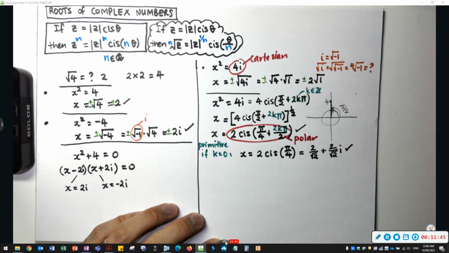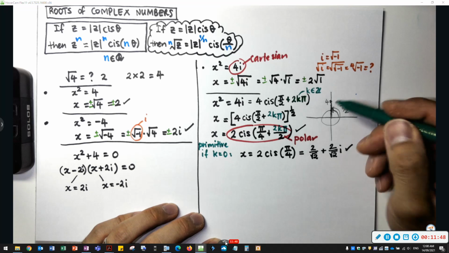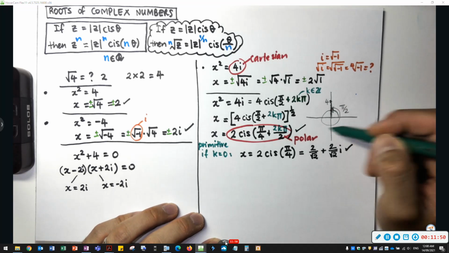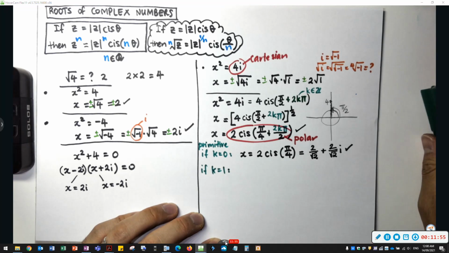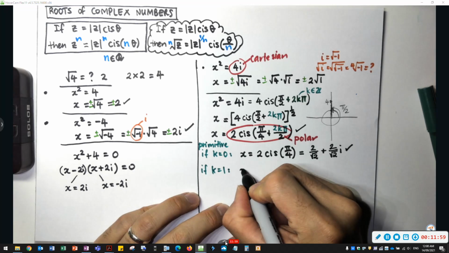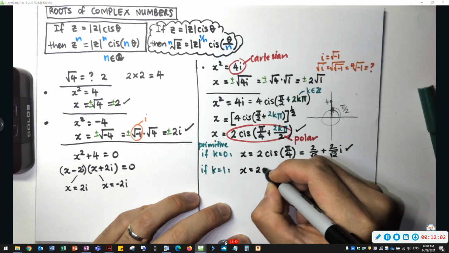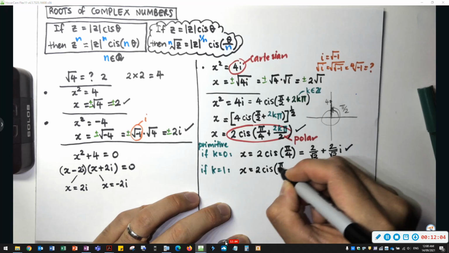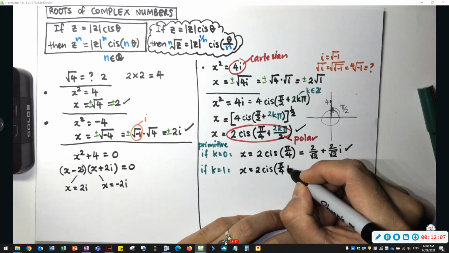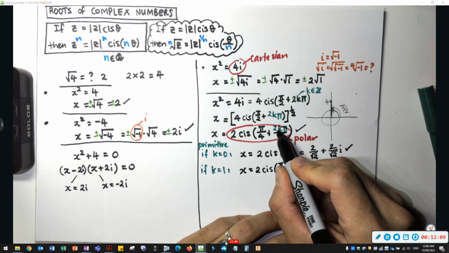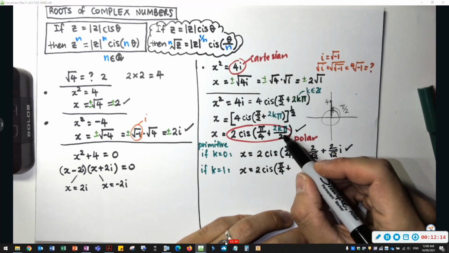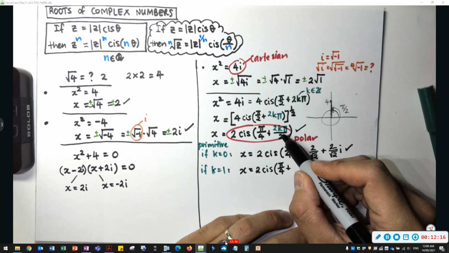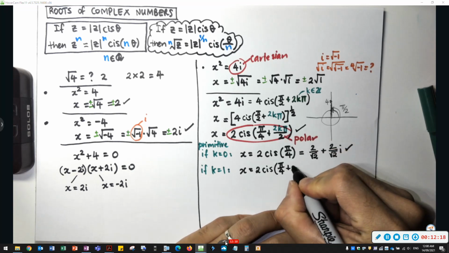Now we're going to try moving around, so we add an amount of k. So if k equals 1, that means I'm going to add one lot of 2 pi to my answer. I'm going to get x equals 2 cis pi on 4 plus 2 pi on 2, which is really just one lot of pi.